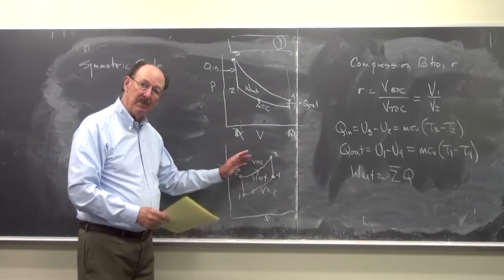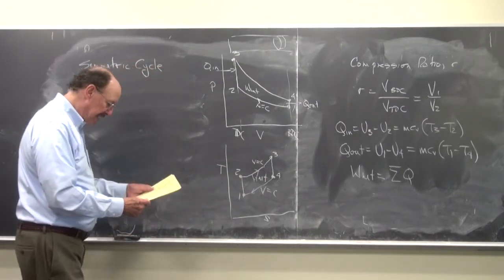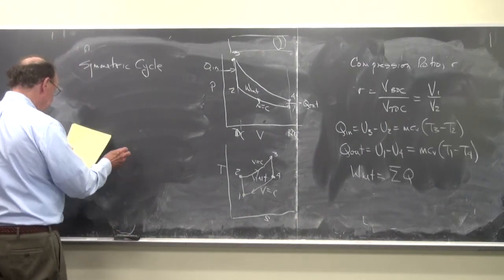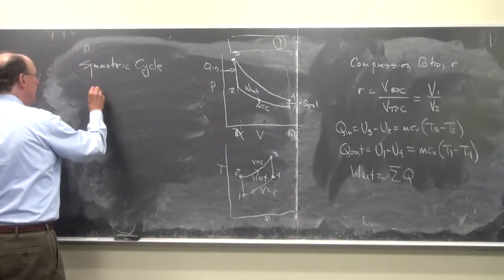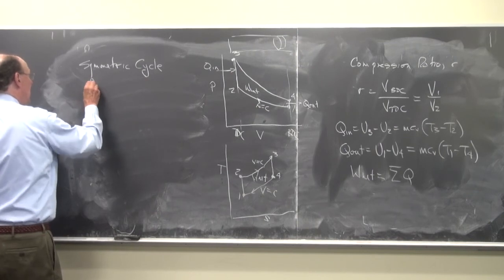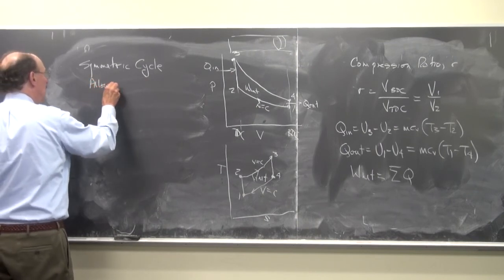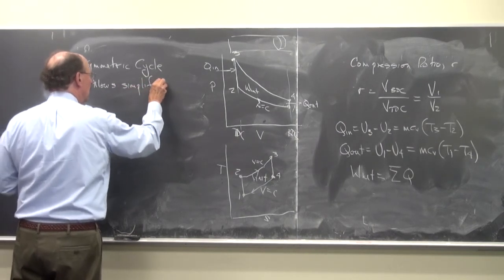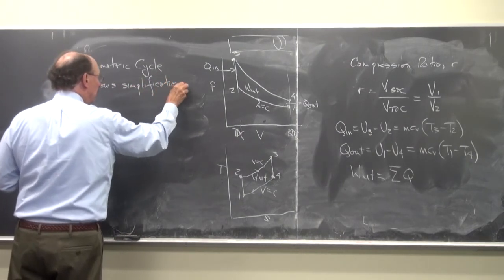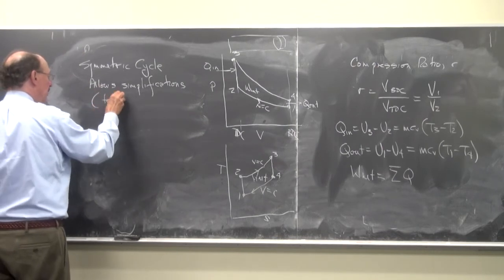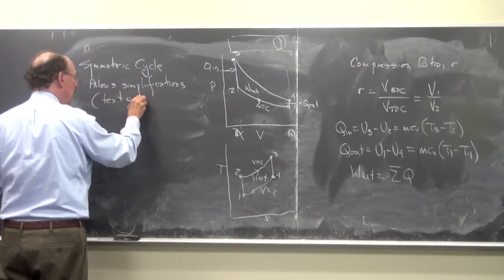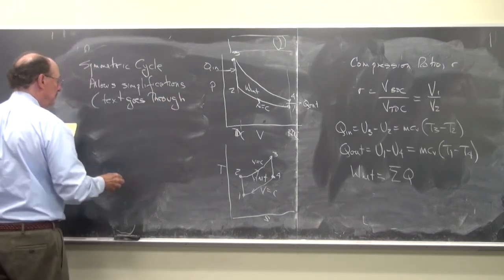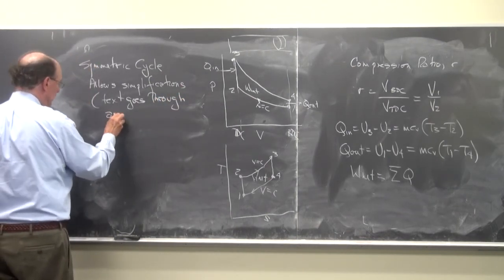So I have parallel symmetric things, and that allows some simplifications, and the text goes through the analysis.